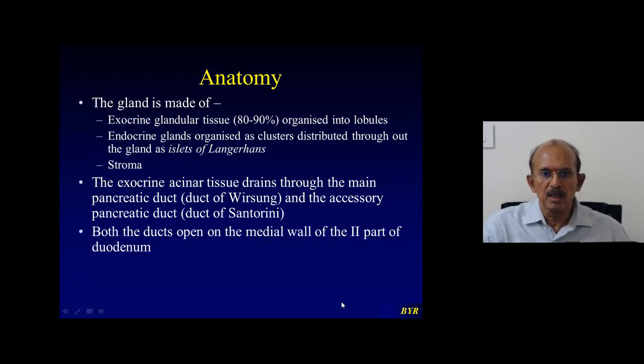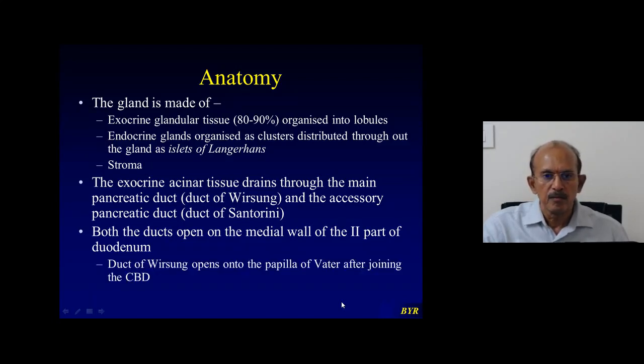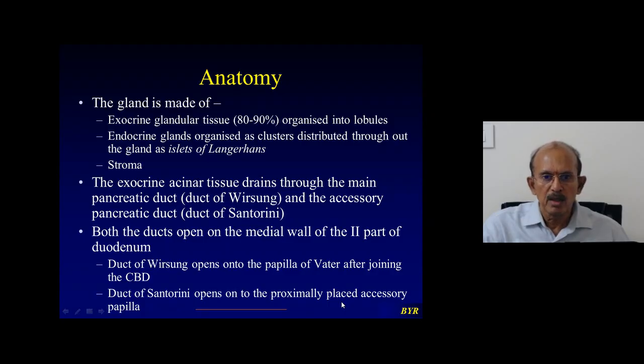Both the ducts open on the medial wall of the second part of the duodenum. The duct of Wirsung opens onto the papilla of Vater after joining the CBD. The duct of Santorini opens on the little proximally placed accessory papilla.